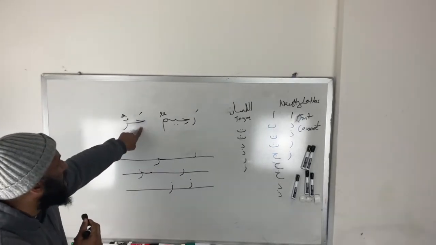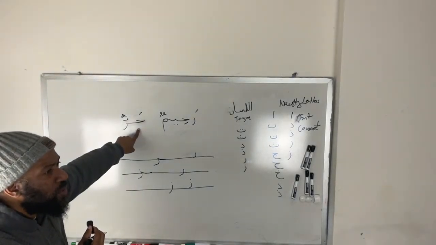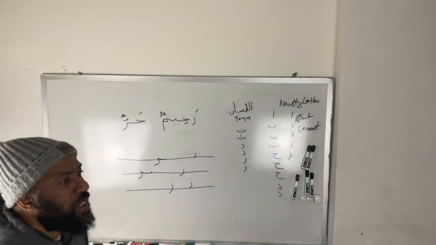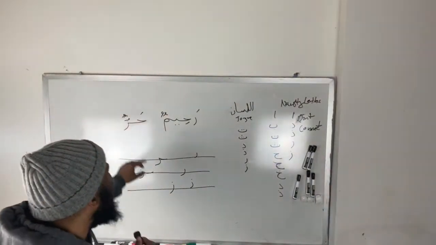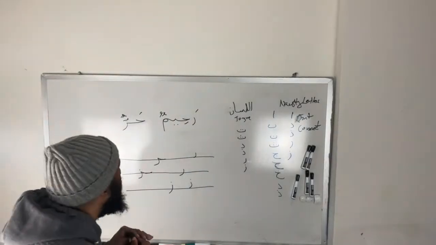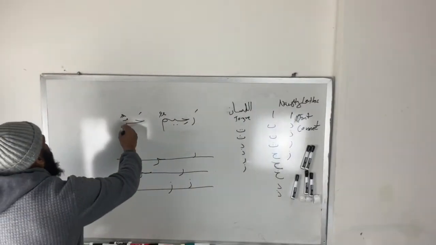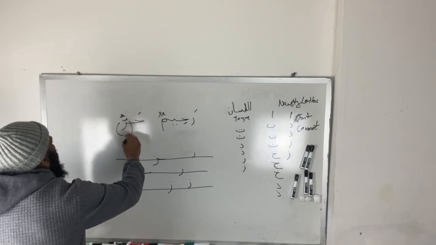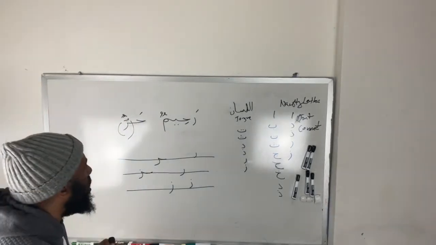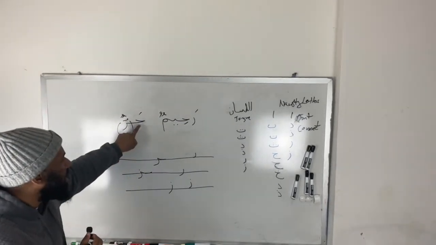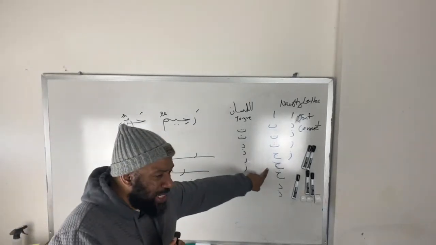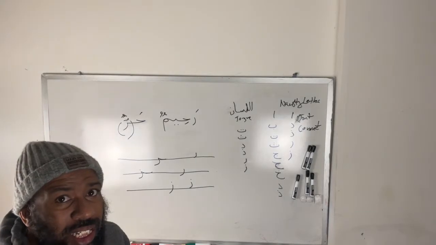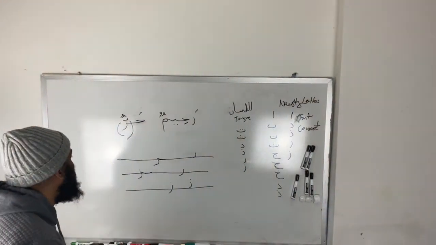So you see here in this word, harun, which is hot, we see that the ra here is an ending ra. This letter here we should already know, because we already covered it. It is a beginning ha.